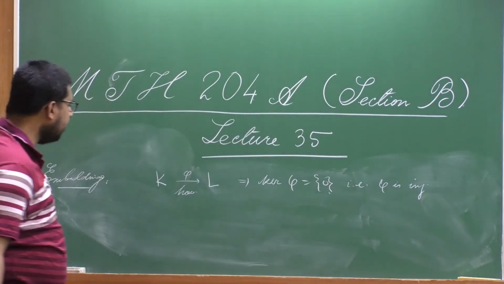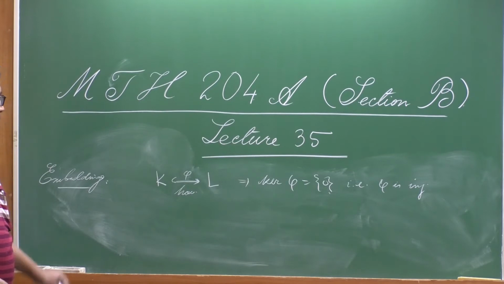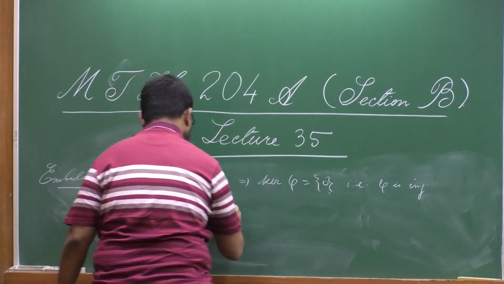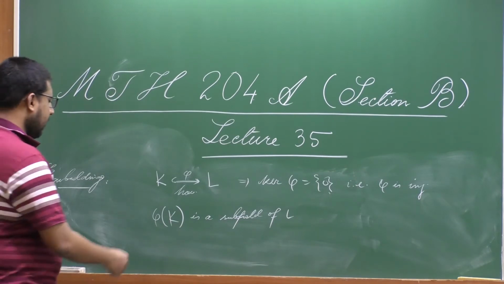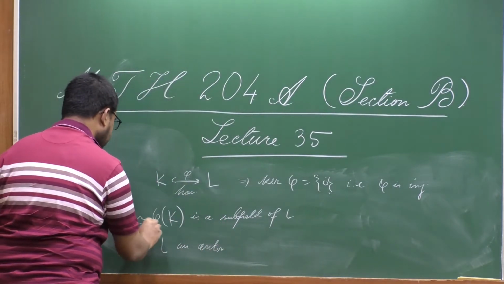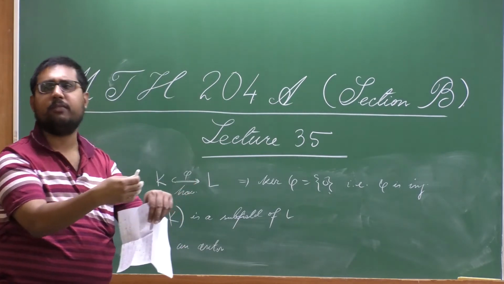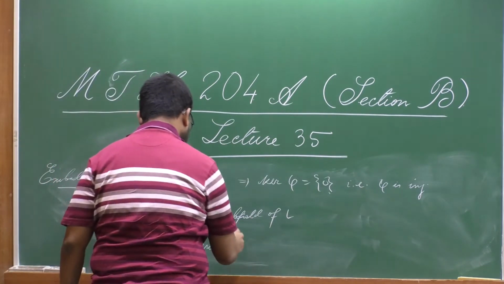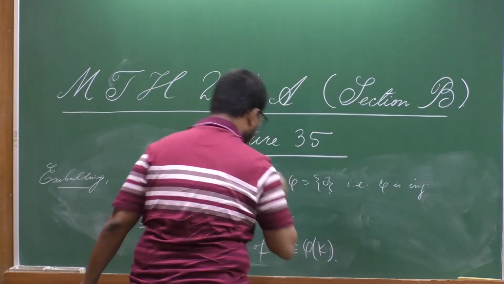that is, phi is injective. So, since we are now dealing with an injective homomorphism, phi(K) is a subfield of L. Phi(K) is isomorphic to K. So L has a copy of K inside it, and in that sense you can regard L as an extension of phi(K).